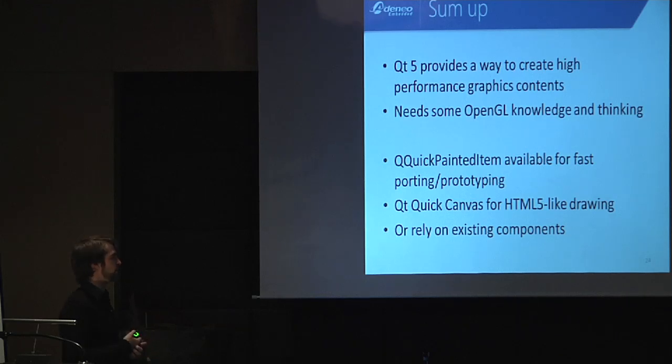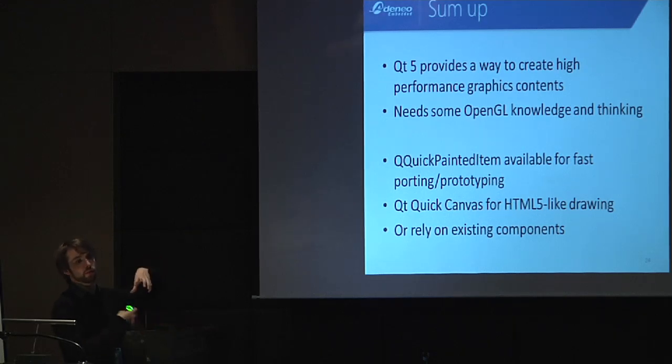Okay, then I have a few examples to show you, because that's always better with an example, of course. So basically, Qt5 now provides a way to create really high-performance, accelerated graphics content with Qt Quick 2, which was not the case before, because even if it was relying on OpenGL, there was the whole QPainter stack that was preventing a lot of optimization from being done.